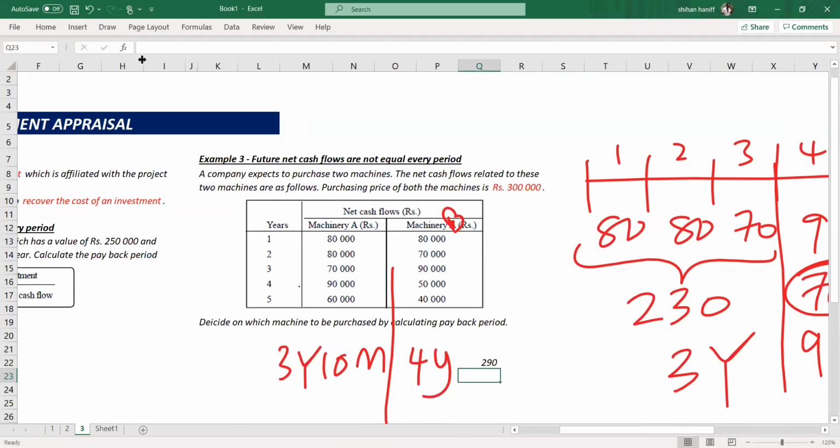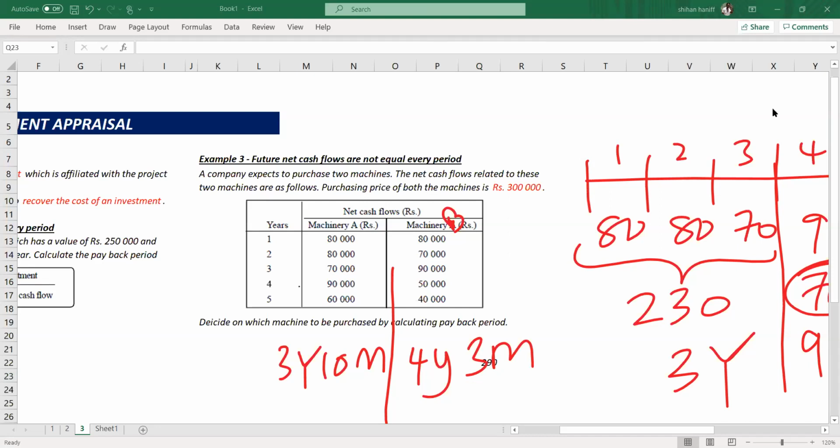It takes 4 years and another 10,000 is required. In the 5th year, you are getting 40,000. So 4 years and how many months? 40,000 is for 12 months, so 10,000 is for 3 months.